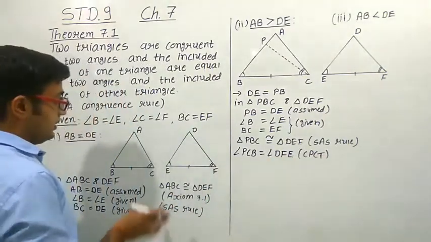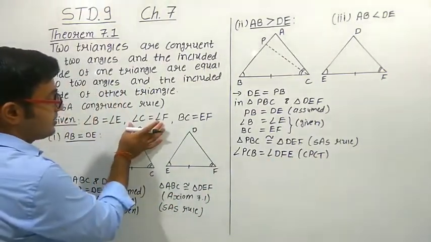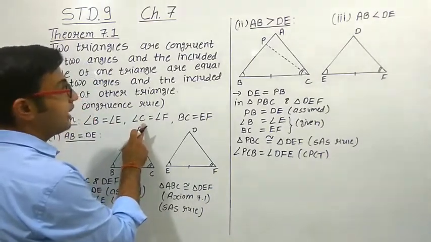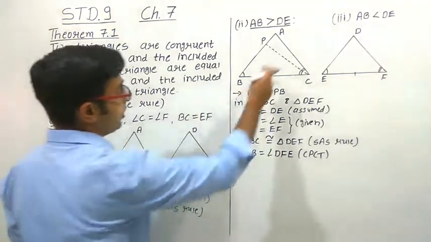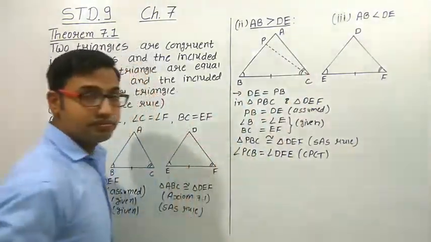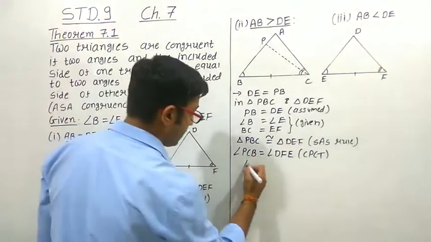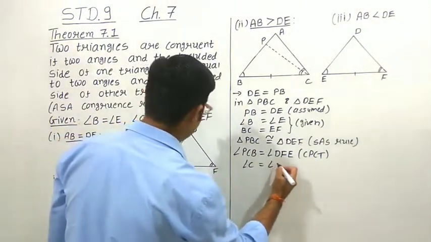But let us see the given condition that angle C is equal to angle F. Now what is this angle C? Angle C is actually angle ACB. If we write it in extended form, let us first write that angle C is equal to angle F.